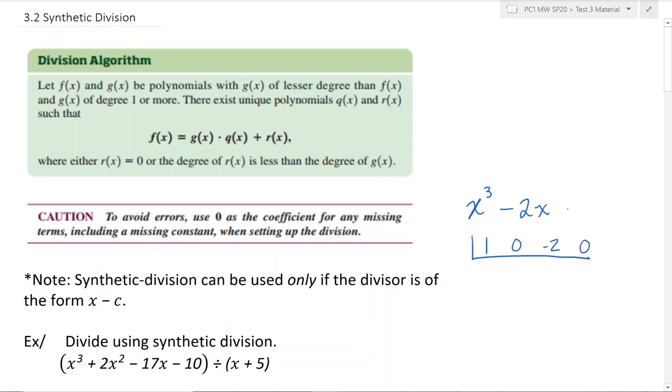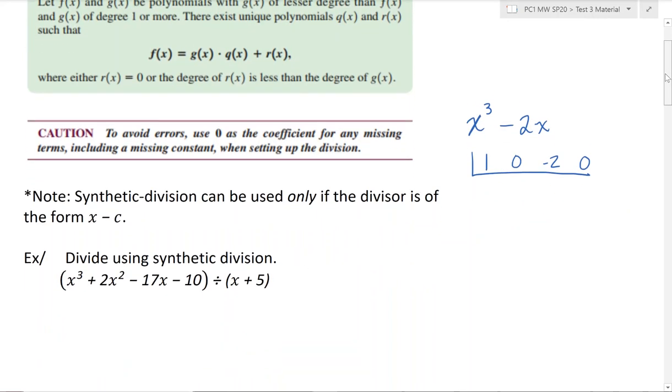We don't have a plain number term there. And this would be how you set up your synthetic division. More about that in a bit.